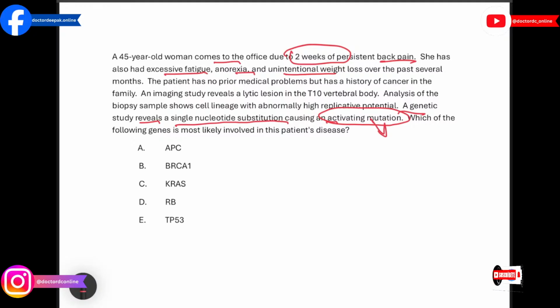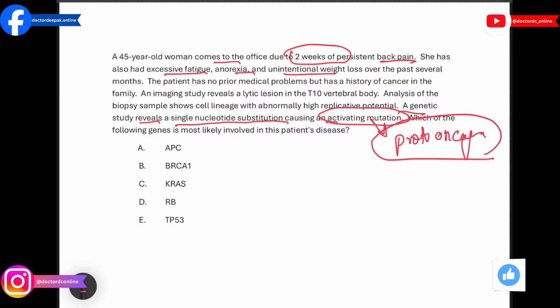Already we told in our first question that activating mutations are in the proto-oncogenes, in which proto-oncogene is responsible for this cancer. This cancer is about the back pain, and first we have to judge whether it is a mutation of proto-oncogenes or anti-oncogenes, the tumor suppressors.